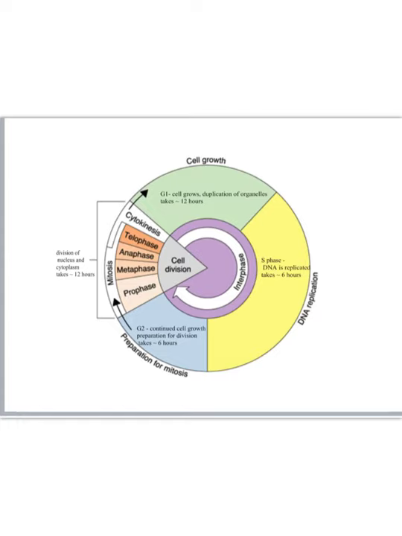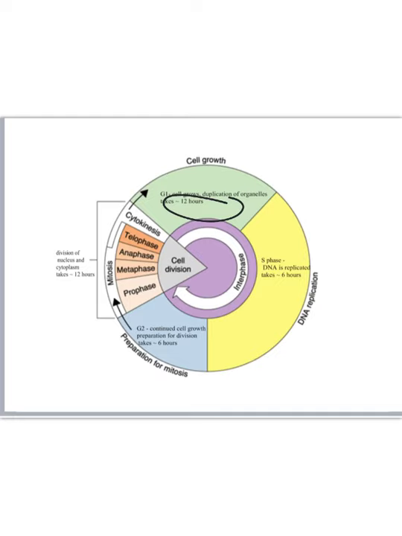And finally, here you go. This final graphic shows how long it would take in each of the different phases. You will do an onion root tip lab online, and you can see how much time cells spend in each of these different phases. In terms of time, it really depends on what kind of cell you're talking about.